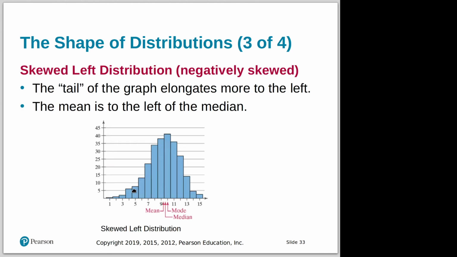If a tail forms on the graph and it's on the left-hand side, it's called skewed left, or negatively skewed, because the negative side of the graph is to the left. And what happens is the mean is going to be less than the median and less than the mode. So if we measure these numbers, they tell us what's happening with the distribution. If the mean is less than the median, we get a skewing to the left.